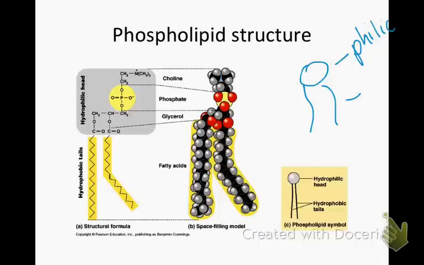Remember, this is philic. This is phobic because it has a fatty acid tail. And it's got a phosphate right here in the middle, which is right here. And he's hydrophilic. He likes water. These fatty acid tails, they're saturated with carbon. They're hydrophobic. They hate water.